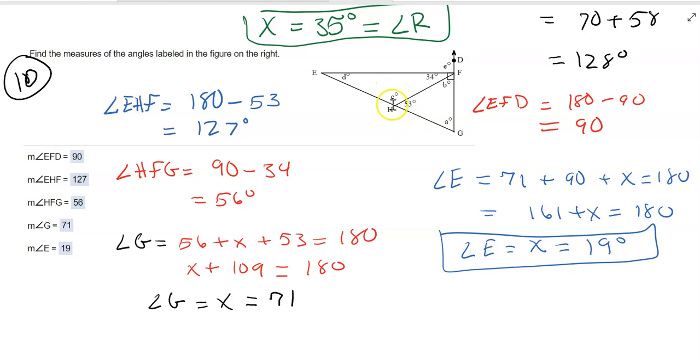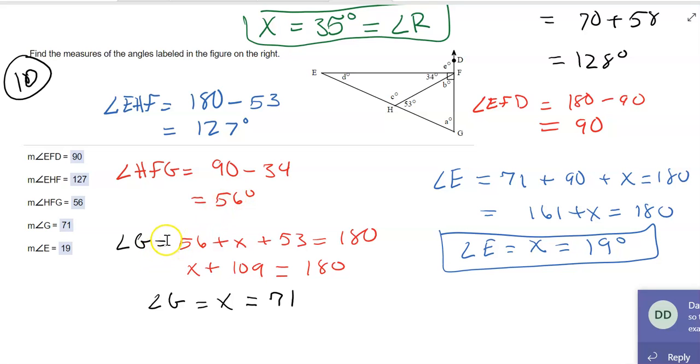We have a linear pair here between angle C, which is also EHF, and 53. And then we're looking at angle HFG, which is also equal to B right here. We can see that this angle is equal to 90 degrees because it has a box there. We know that this part of it here is 34 degrees. Therefore, we need to subtract 90 and 34. That gives us 56 degrees.